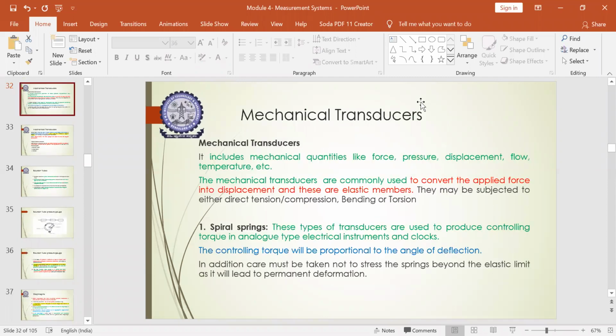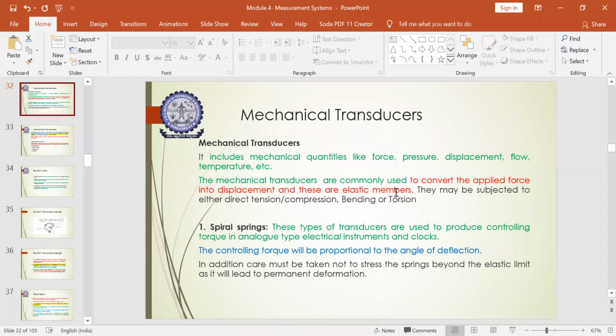What happens in case of mechanical transducers? In mechanical transducers, the input signals being used are physical quantities like force, pressure, displacement, temperature, etc. These transducers mainly convert the applied force into displacement, and these are mainly elastic members.